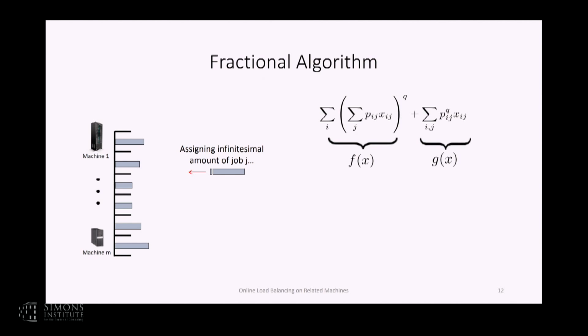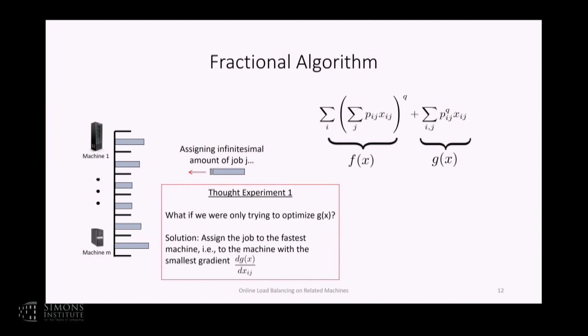To understand the algorithm, let's do a couple of thought experiments. The thought experiments are simple ones. What if I only had one of these two terms? If I didn't have the other one, let's first start off with g(x). If I only had a linear term that I wanted to optimize, what should I have done? Well, here the answer is very simple. I should always be assigning the job to the fastest machine.